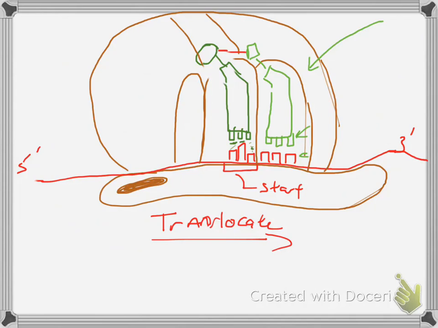So the codon that is now in the A site is going to be in the P site. The codon that is in the P site is going to be in the E site. So this one will move here, this one will move here, and this one will just be back behind us. All right, so let's look at how this looks after we've done translocation.